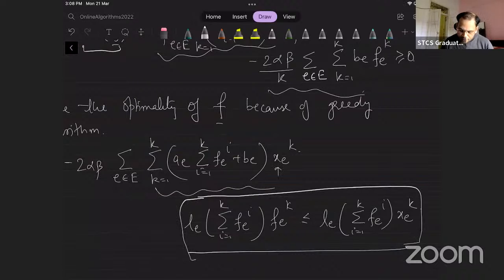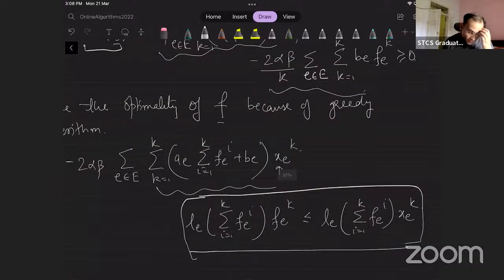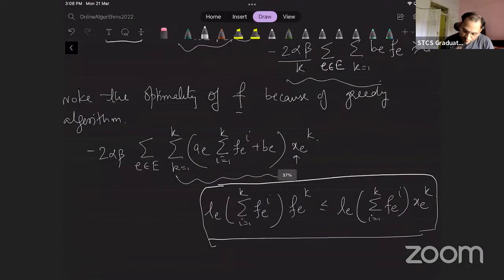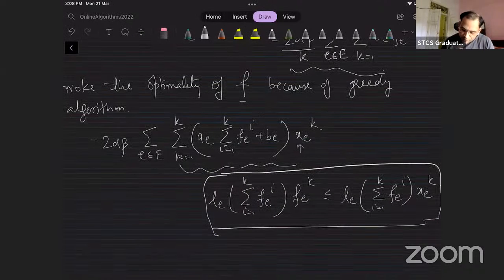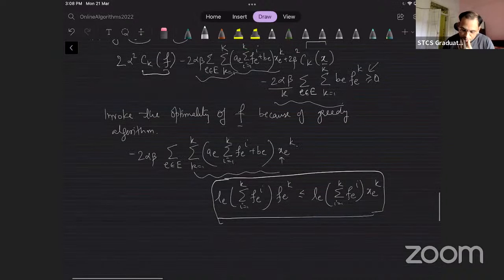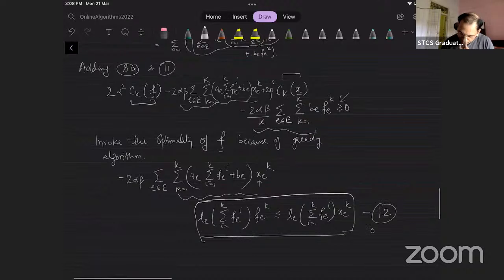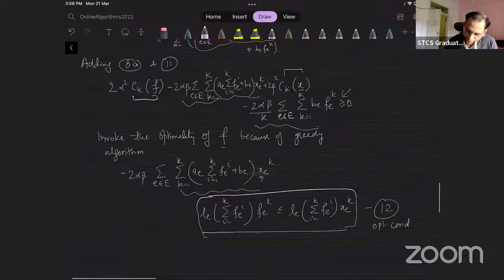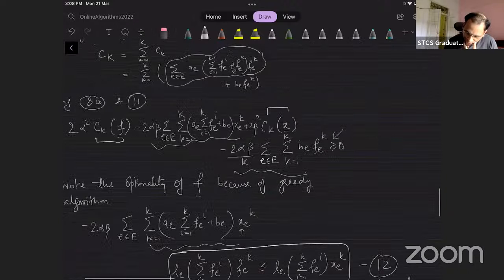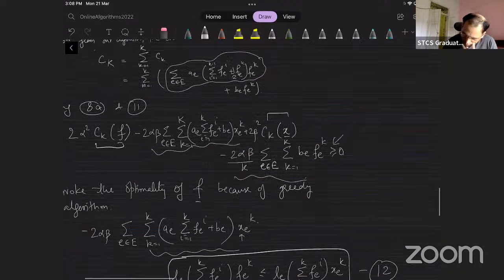Currently I have x_e^k. So what can I do with a negative sign? I can replace it with f_e^k without changing this inequality. This is actually a recollection of the optimality condition. Let's call this 12, and let's call this 12A.